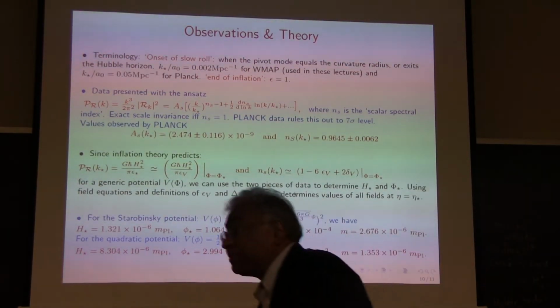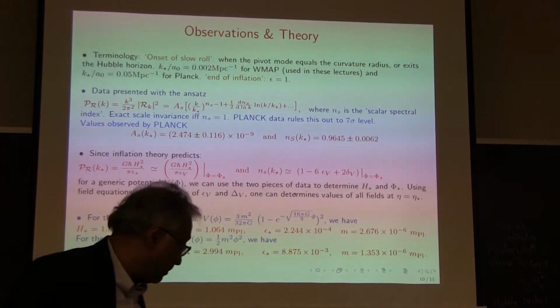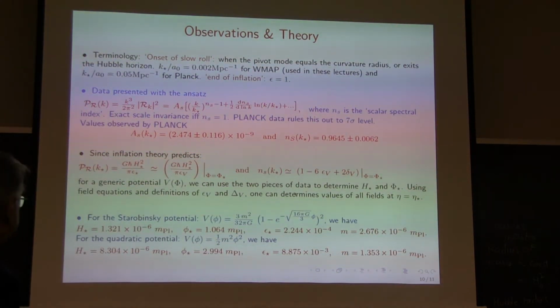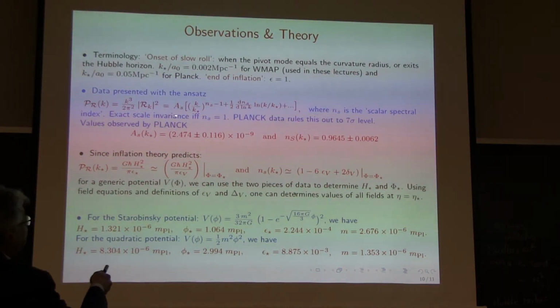So in experiments, people are measuring the power spectrum, how much power there is in various wavelengths, and this power spectrum is parametrized. Its theoretical definition is this for the scalar modes. That just followed from what we did before, and we express this power spectrum by a certain ansatz.